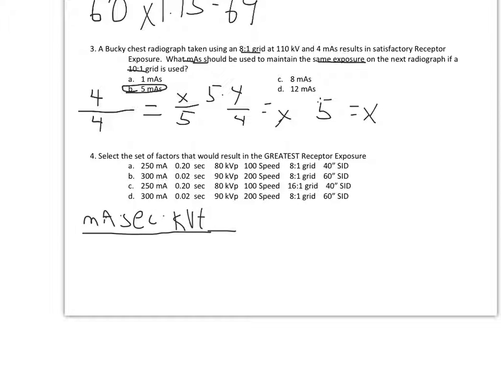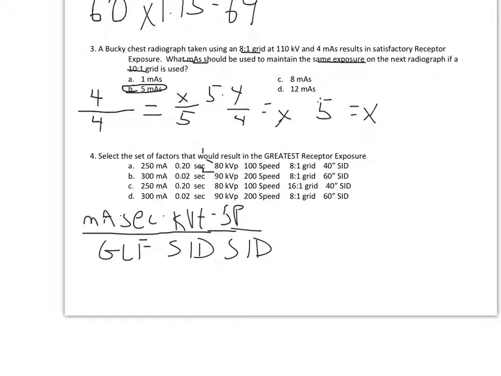So when it's 80, we're going to use a kV factor of 1, and when it's 90, we use a kV factor of 2. And then we multiply by the speed up here, and then divide by the grid conversion factor, and by the SID twice since it's squared.